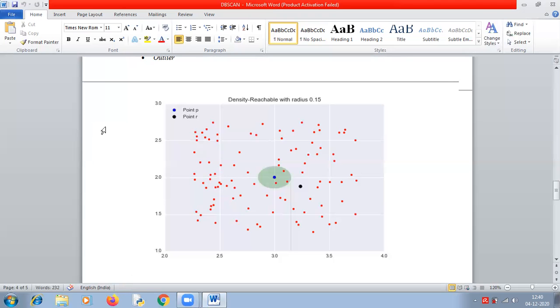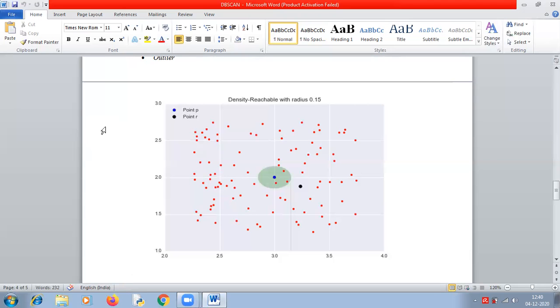The volume is constant and the mass is a variable. By adjusting our minimum points parameter, we can fine tune how dense our cluster core points must be.